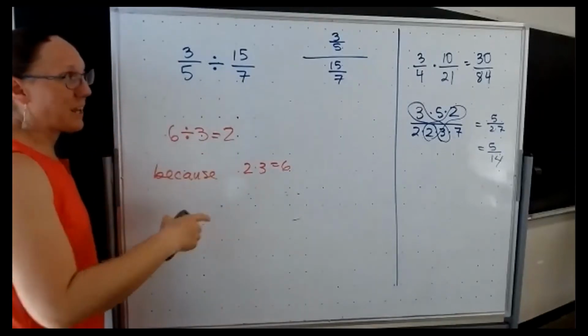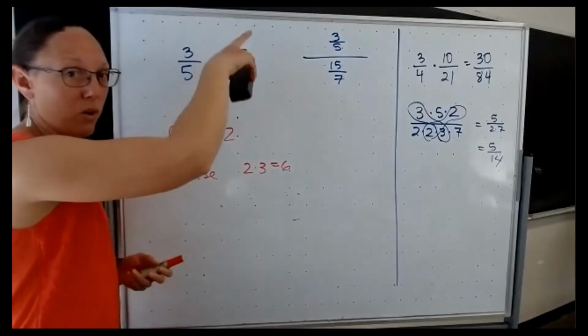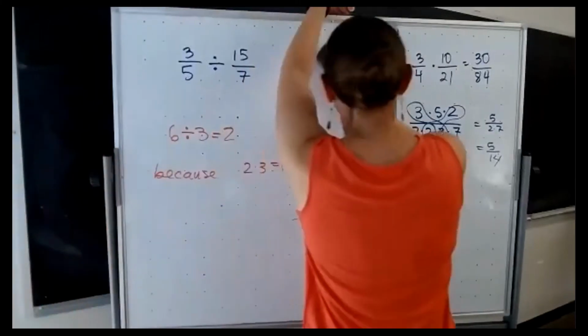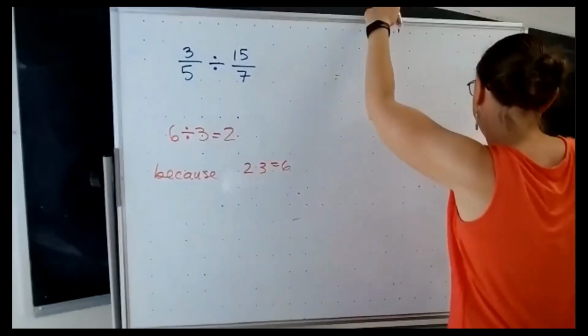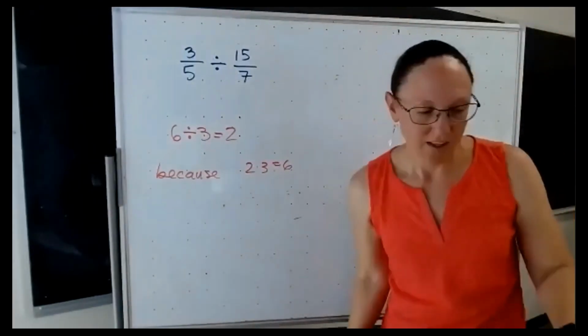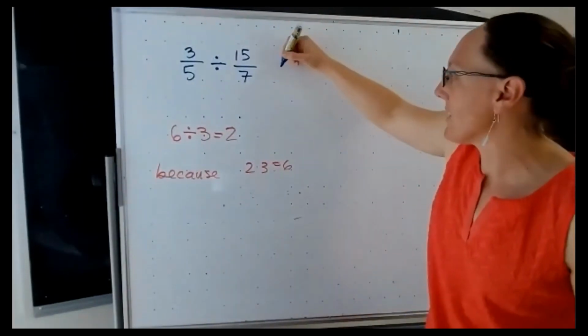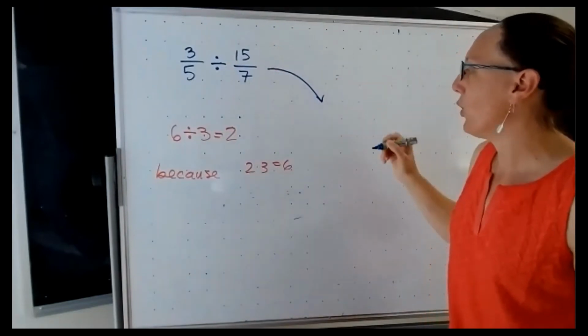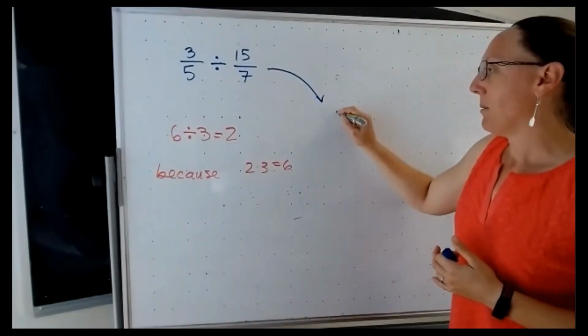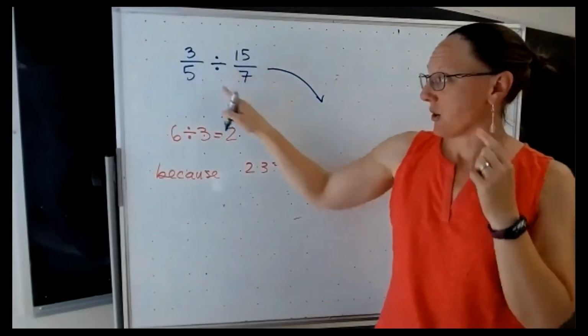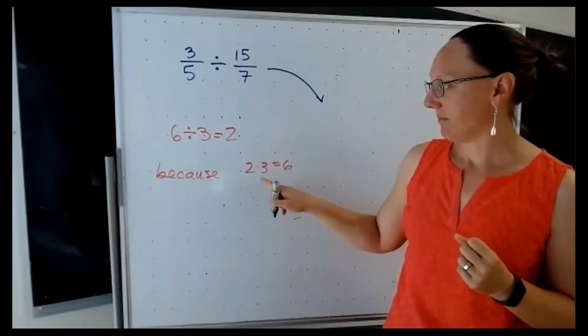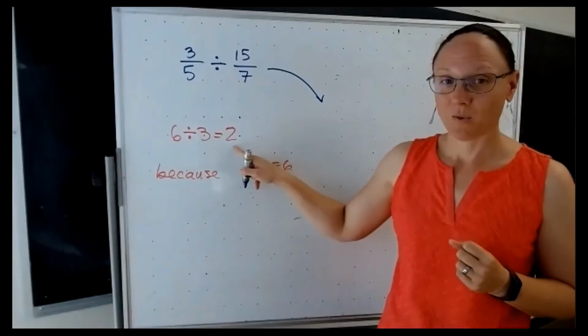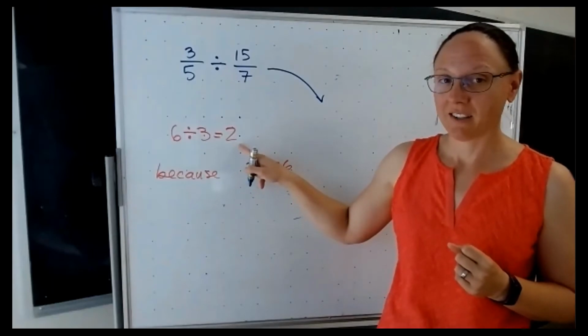If I write out that same because statement for our current problem, then the because statement that goes with this would look like, if I'm matching where things are, that 2 was the piece on the side.